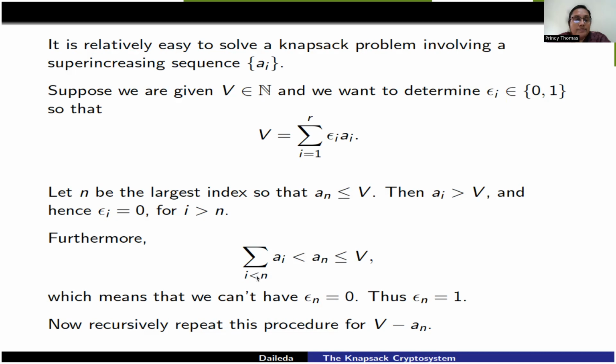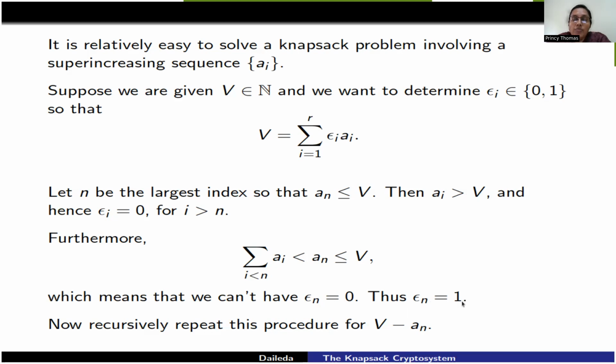Now the question is whether epsilon of N is 1. We already know from our super increasing sequence itself that A of N will be less than or equal to V. Since A of N is less than or equal to V, we can always include A of N. So epsilon of N will be equal to 1.